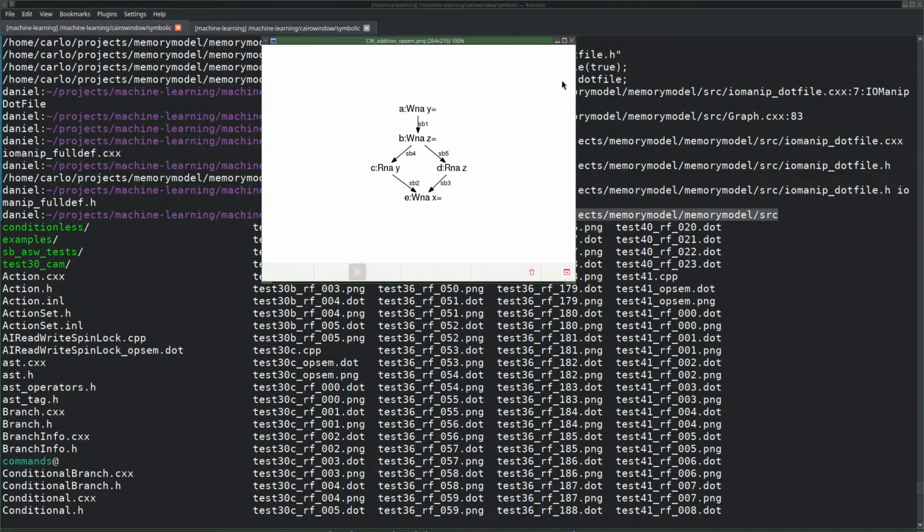So it belongs to a program. It's an execution graph or the memory order graph of a super short piece of code.